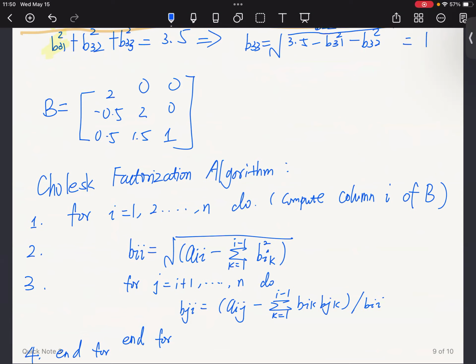So people came up with some modified version of the Cholesky factorization to save the computational cost as well. You can take a look at the textbook for the advanced topic, and I'll just mention this if you are interested in how to save the computational cost of the square root.